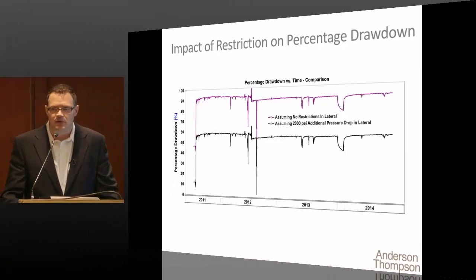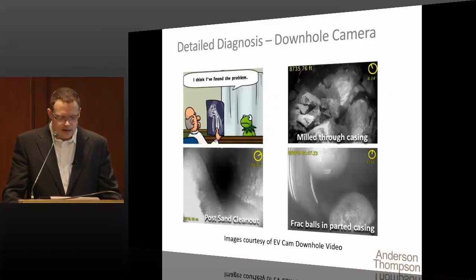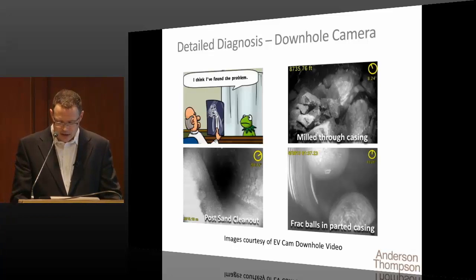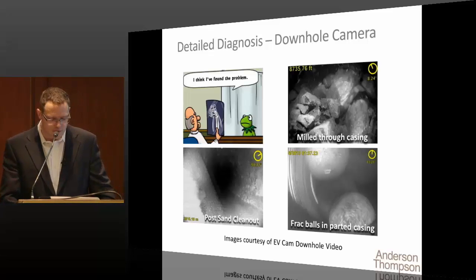This is just an example of different images in a wellbore that could be causing delta Ps, that could be causing this observed back pressure effect and this lower drawdown percentage that we're producing this well at. It can get really ugly down there, and of course we rarely have these images, so we don't always know.